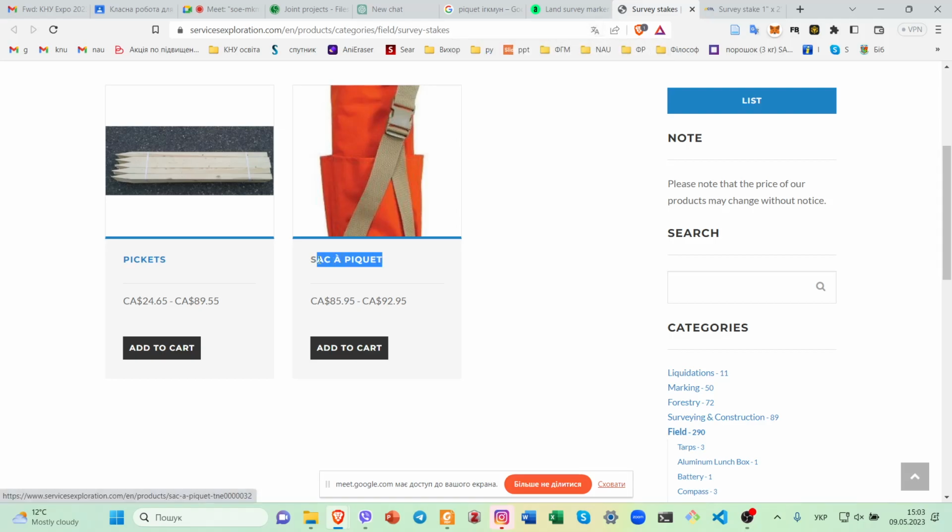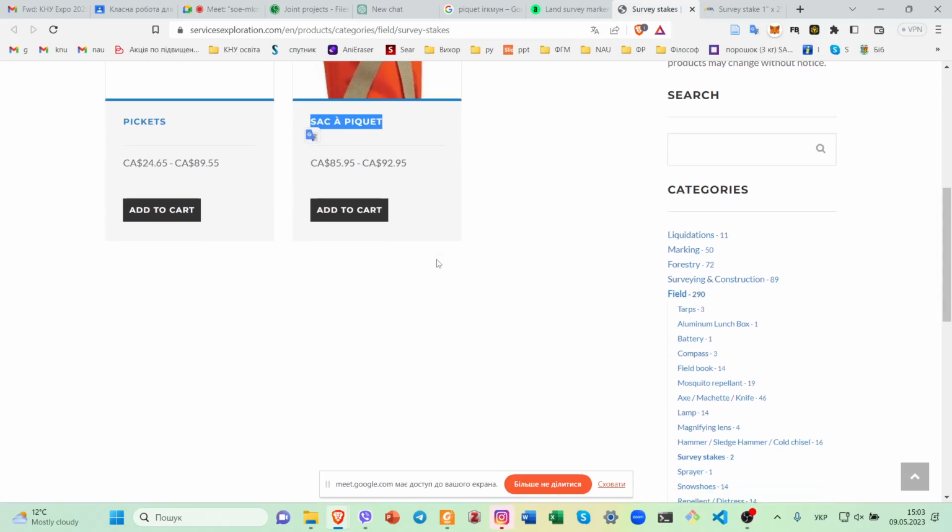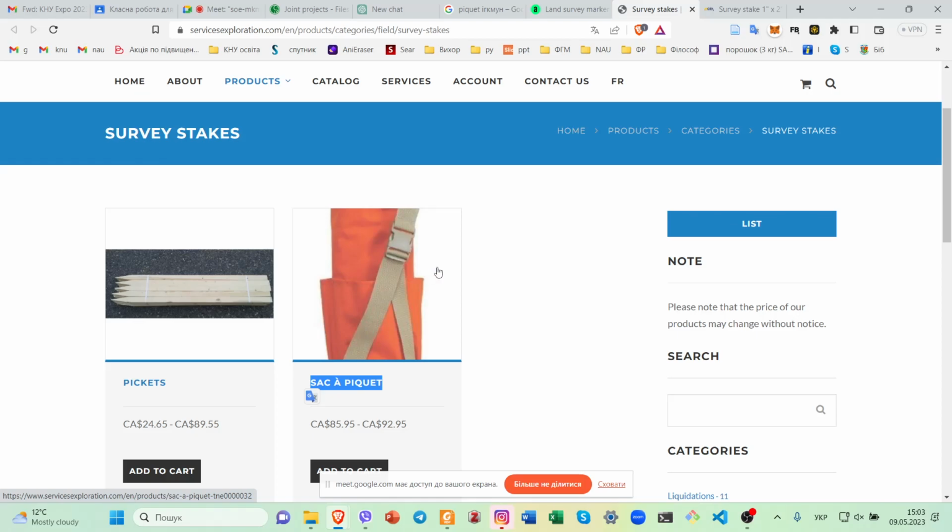And they use the French sac à piquet, so it's a kind of bag to collect these piquets.